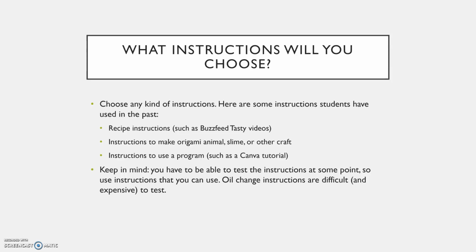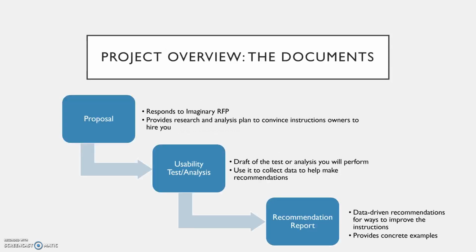But imagine making slime over and over again and having your friends and family help you test your slime instructions that you're working with. That's doable. So you want to pick something that's not too time intensive and that's not so specific that you can't find real users, such as your friends, your family, and your teammates, to help you test your instructions.